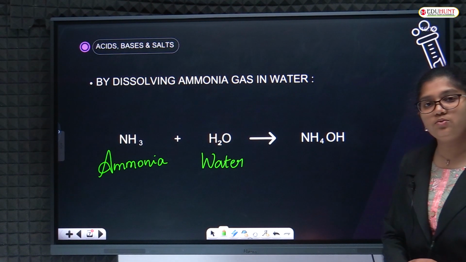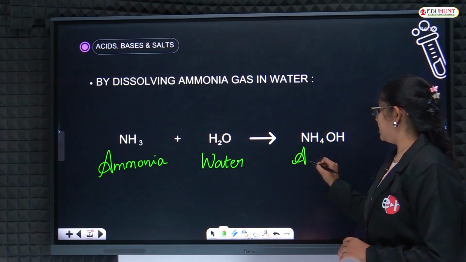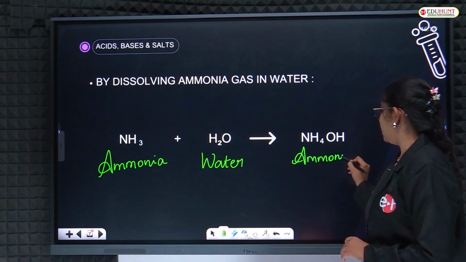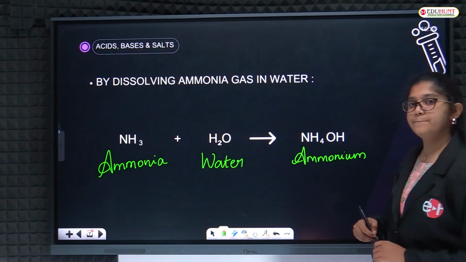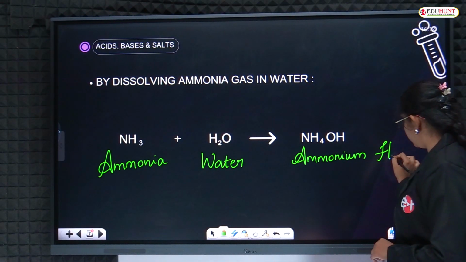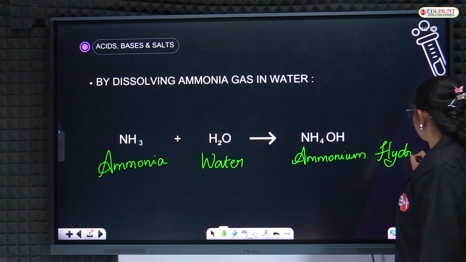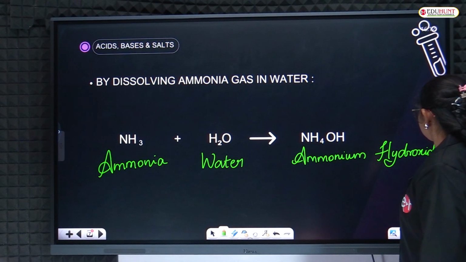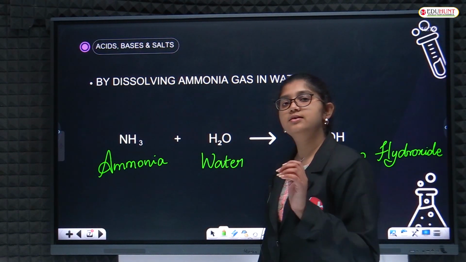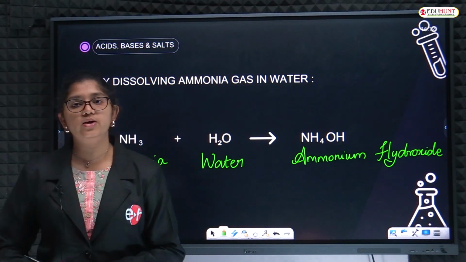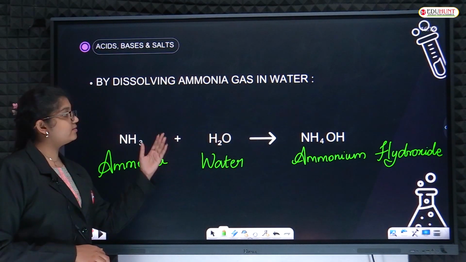What is NH4OH, children? What is the name? NH4 means ammonium. OH, wherever you see OH, it is a hydroxide, okay? It's a base, okay? Now here, hydroxide. Fine. This is the fourth method, by dissolving ammonia gas in water.